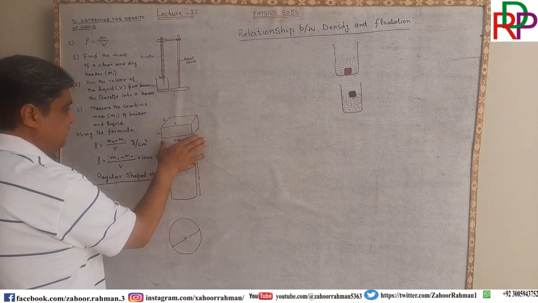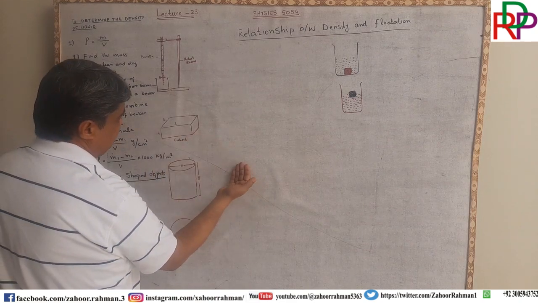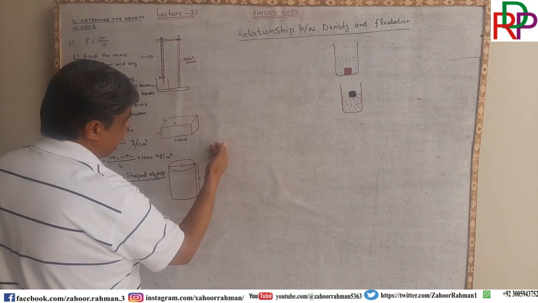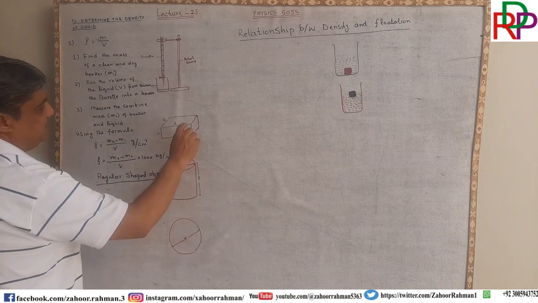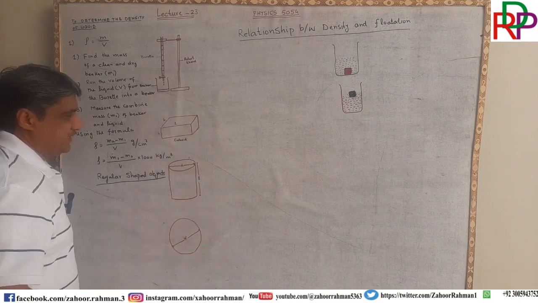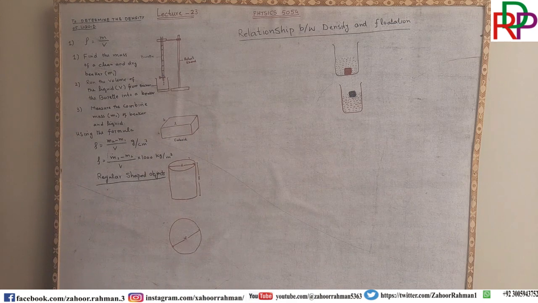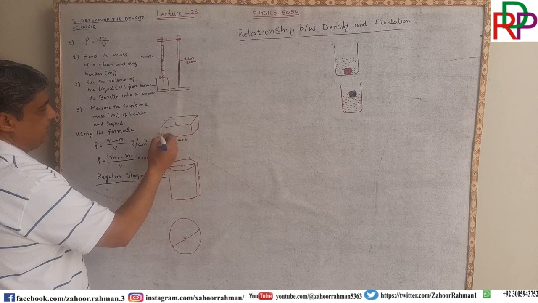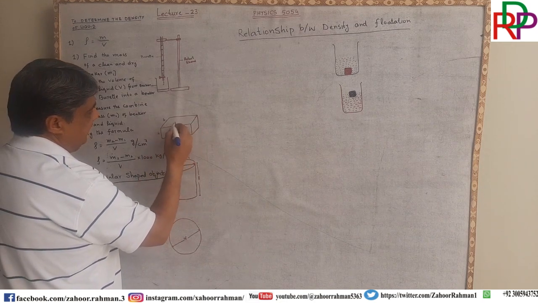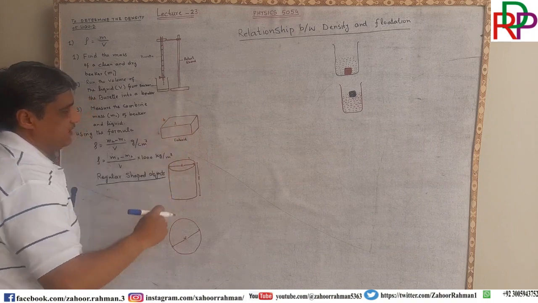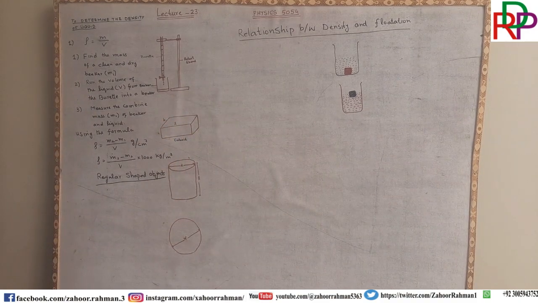What is a cuboid and what is a cube? There is a difference. If all the sides are equal, then it is called a cube. But if the length, breadth and height are not equal, it is a cuboid. Here we are denoting the height with h and the length with L, and B is the breadth.